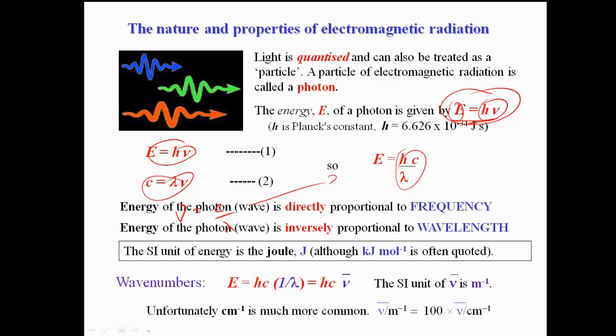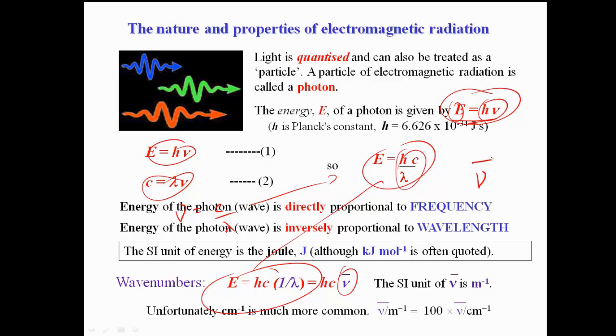Another way you'll often find in spectroscopy is this definition here. Here we have hc over lambda, and here you have hc times 1 over lambda. That's the inverse of the wavelength, and that's often denoted by this nu bar. You have a nu with a bar over it, and that's often called the wave number.